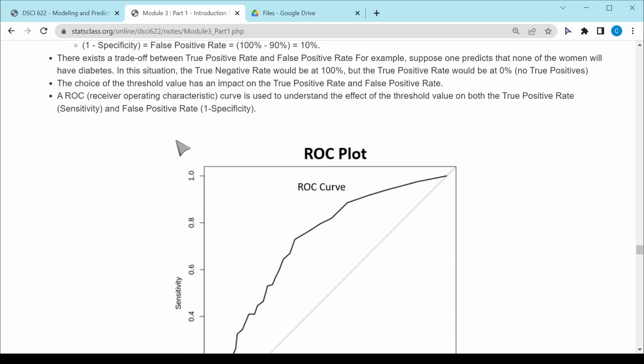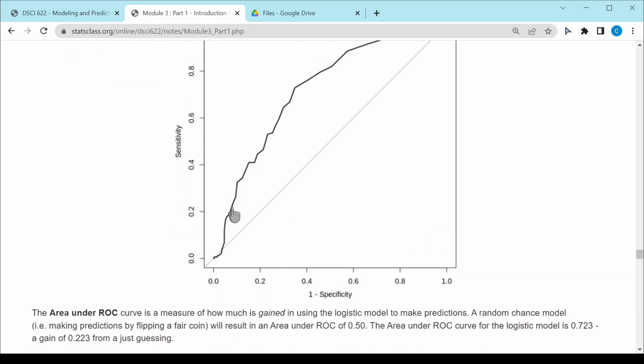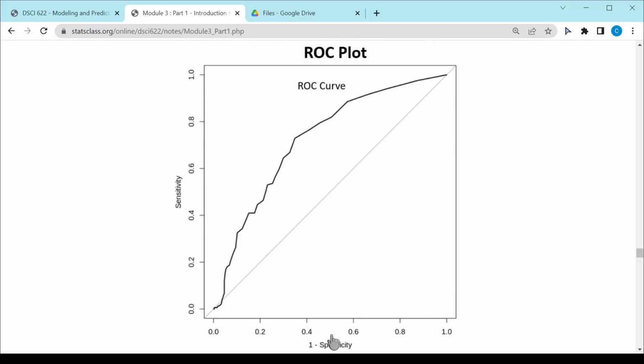The following is a receiver operating characteristic curve. So that's called an ROC curve. And what that does is it plots the sensitivity, which is the true positive rate, against 1 minus the specificity, which is a false positive rate. Now we want 1 minus specificity to be small, and we want sensitivity to be high.